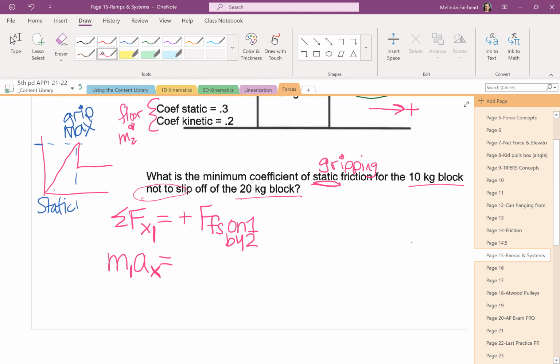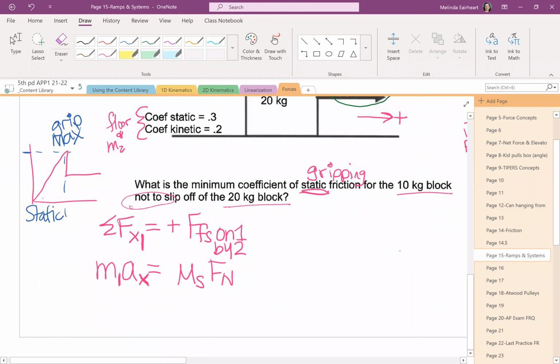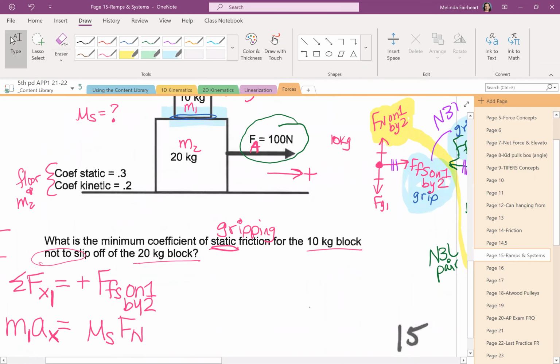Okay. And so we'll plug in our new coefficient of friction equation, newish, right? Couple days now. And it's that mu s Fn. Now we had several Fn, so let's get specific. Which Fn am I going to use here? Well, it's from the first diagram. So it's Fn on 1 by 2.